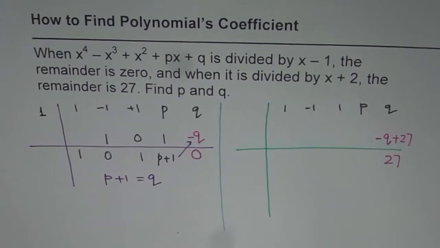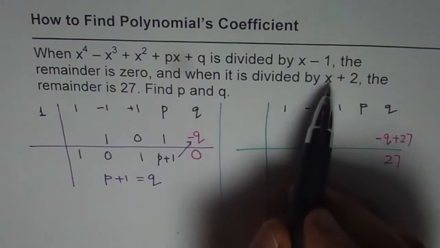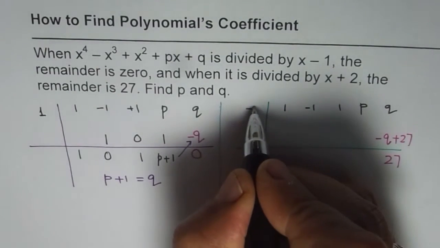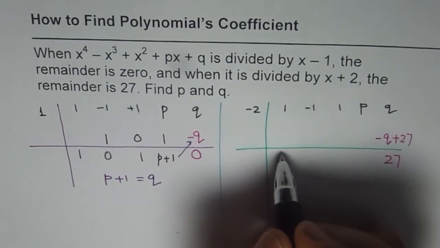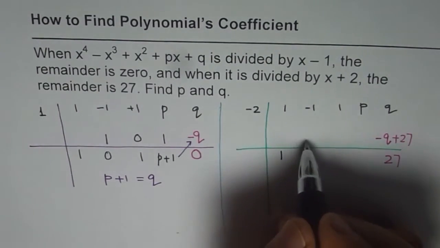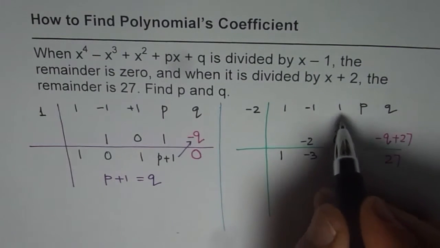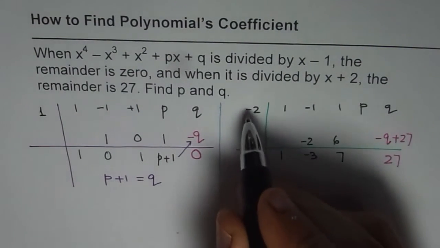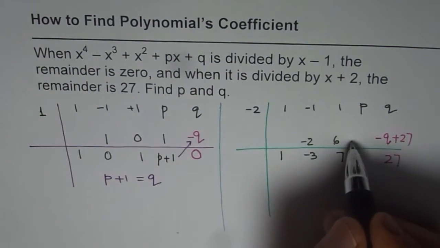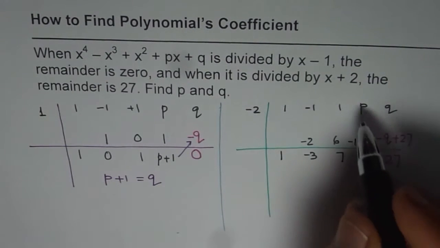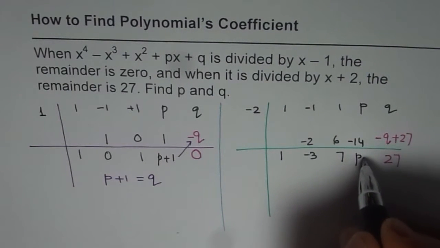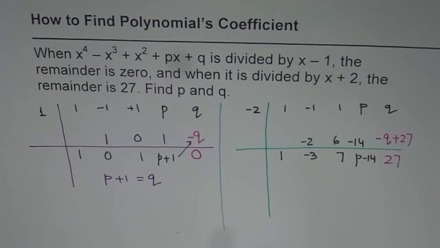That is how you can get a remainder of 27, right? So let's begin. x plus 2 means dividing by minus 2. So 1 multiplied by minus 2 gives us minus 2. When you add them up, you get minus 3. Minus 2 times minus 3 is plus 6. 1 plus 6 is 7. 7 times minus 2 is minus 14. When you add it, you get p minus 14, right?